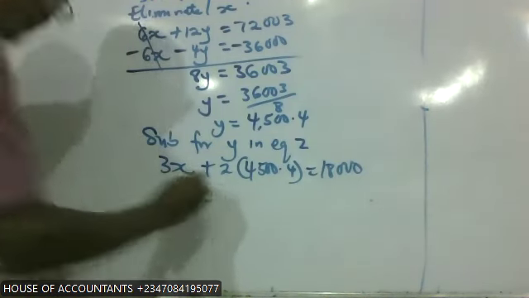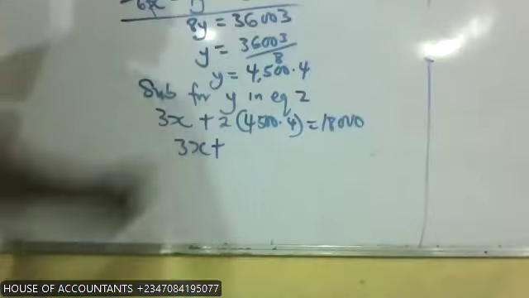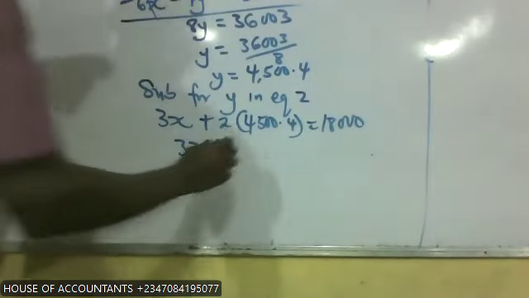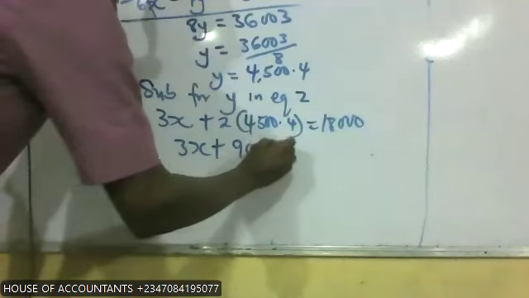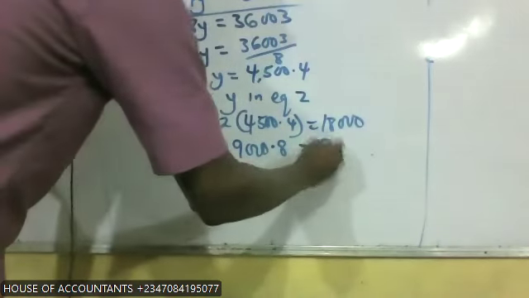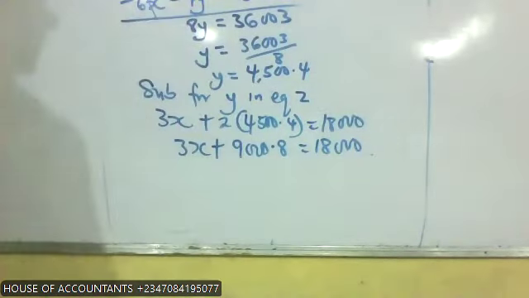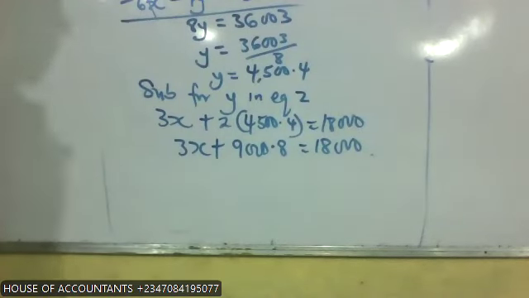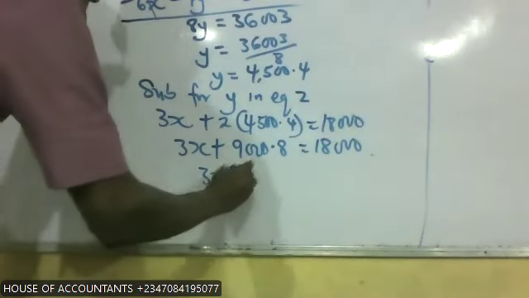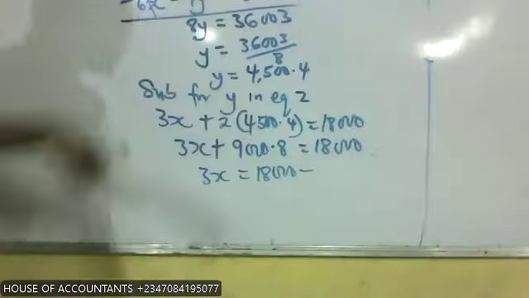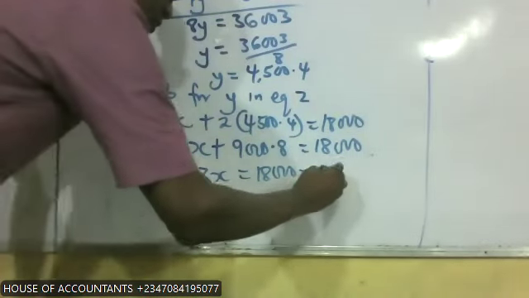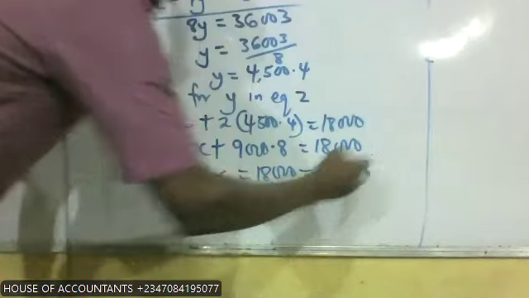So 3x plus 2 times this, what is it? 9,000. 3x plus that equals 18,000. 3x equals 18,000 minus 9,000.